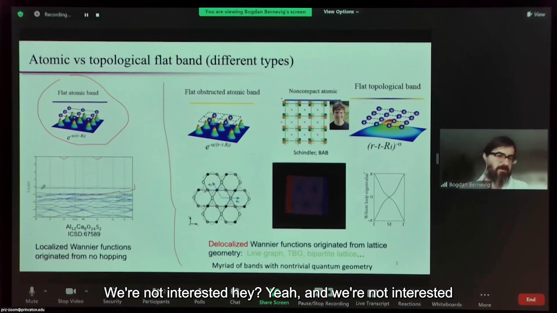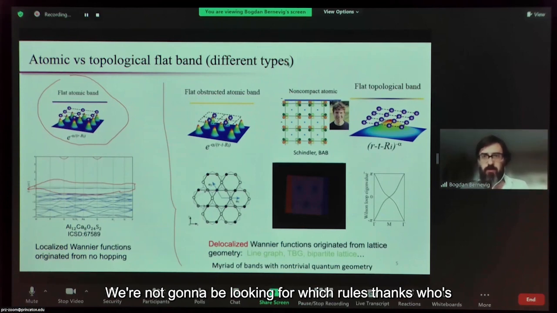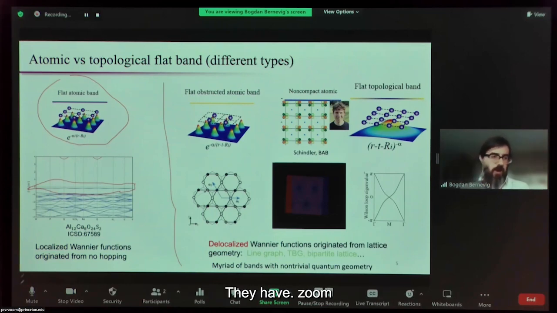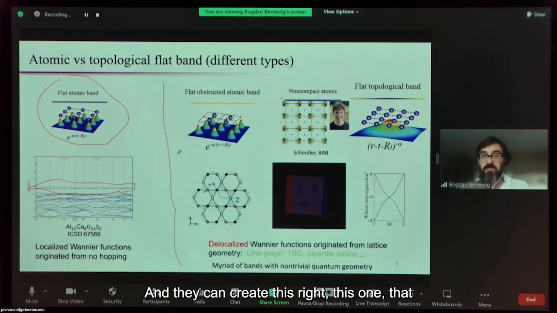The orbitals are very well localized, exponentially localized. They don't interact with one another, they don't hop from one to another, and hence you have a flat band because you have no hopping.